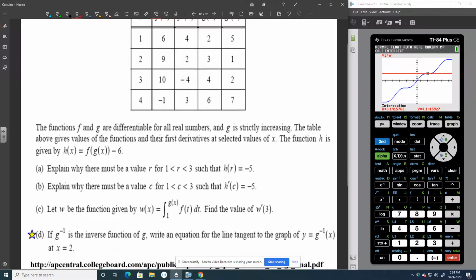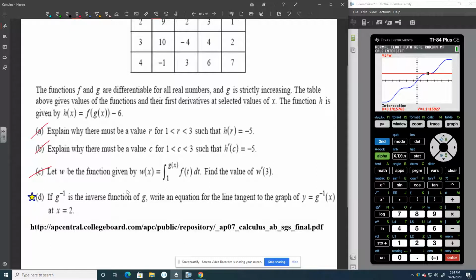In fact, it gives you a bunch of information, then it says, explain why there must be a value R for 1 less than R less than 3. We haven't learned that yet. We haven't learned how to explain why there must be a value C. That's the mean value theorem. We haven't got there yet. And even C, we haven't done integrals at all. So A, B, and C, you couldn't answer on the AP test if you tried at this point.